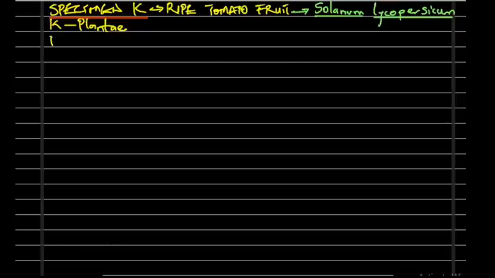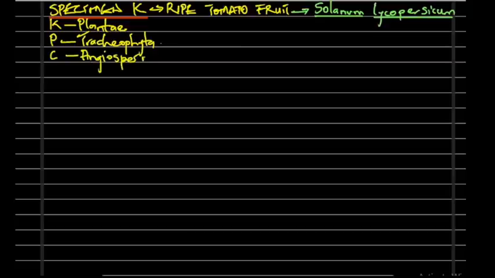The phylum, we have it to be Tracheophyta. The class, we have it to be Angiosperma. We have the order to be the Solanales.